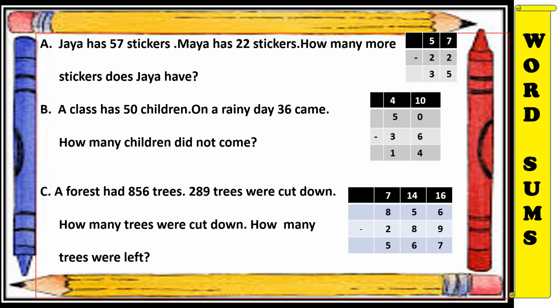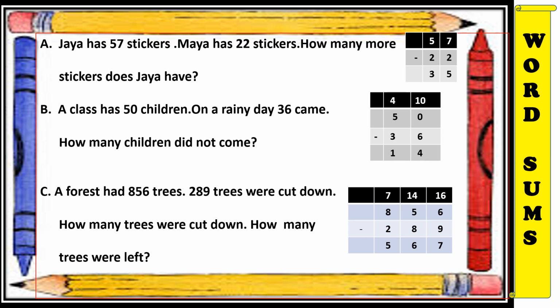C. A forest had 856 trees. 289 trees were cut down. How many trees were left? 856 minus 289.